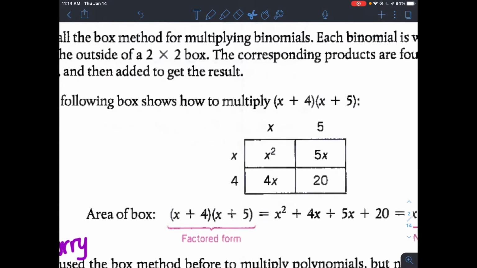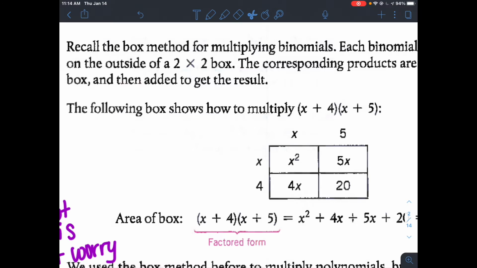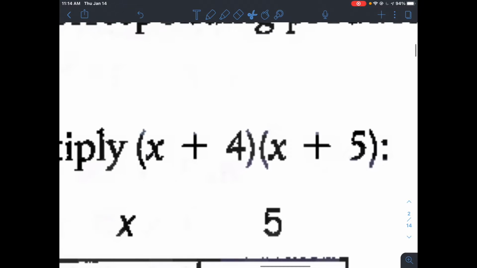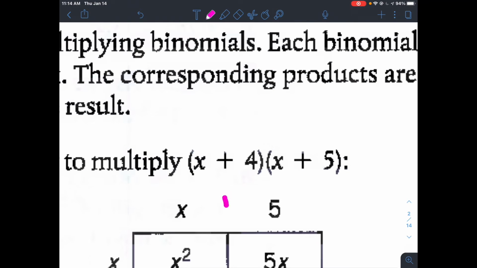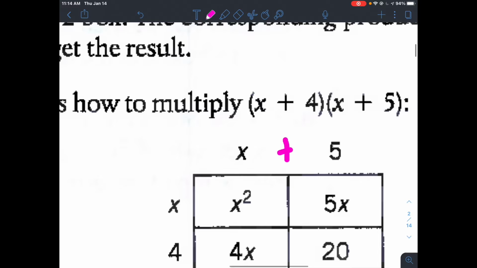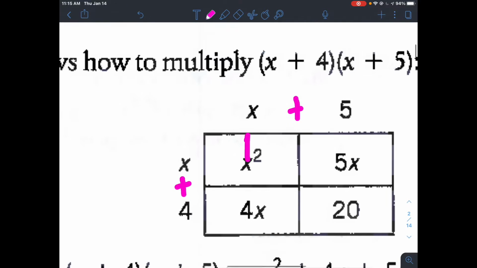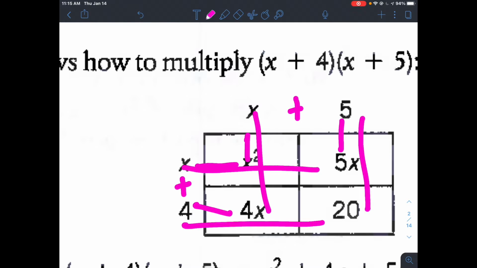So there is an example if you need a refresher on the box method or if you're trying to learn the box method. It's how to multiply those binomials. So we're going to take this binomial here. We're going to have this x plus 5 we'll write on the top, x plus 4 we'll write on the bottom. X times x equals x squared, x times 5 is 5x, 4 times x is 4x, 4 times 5 is 20.